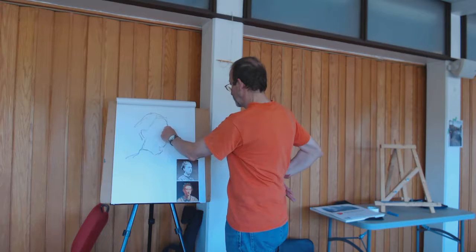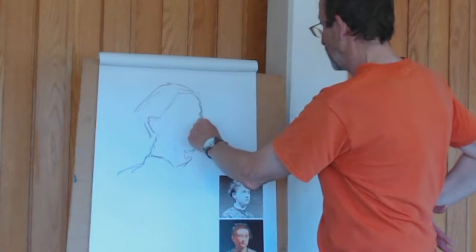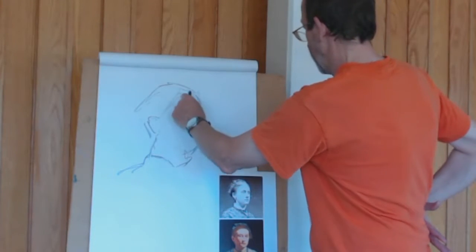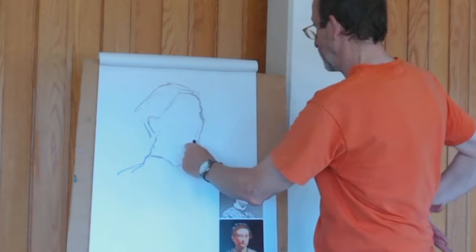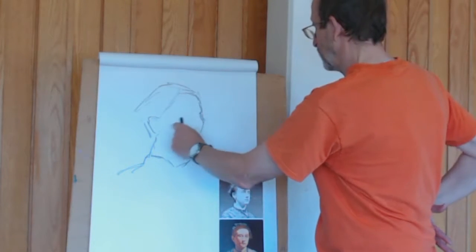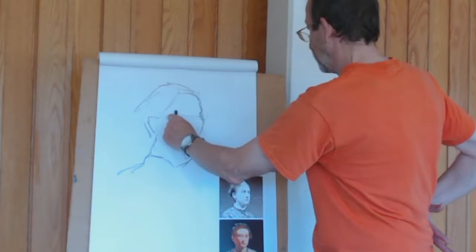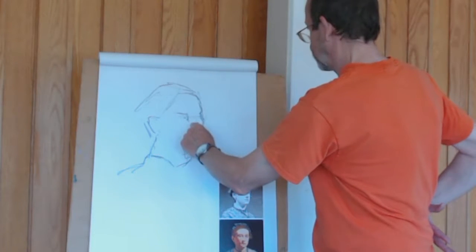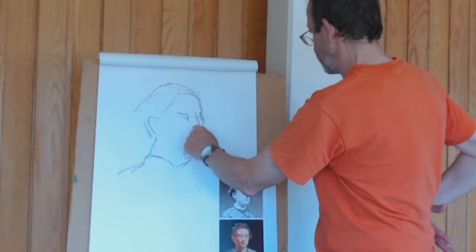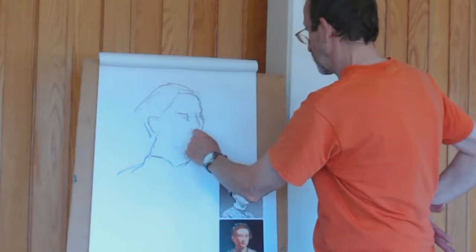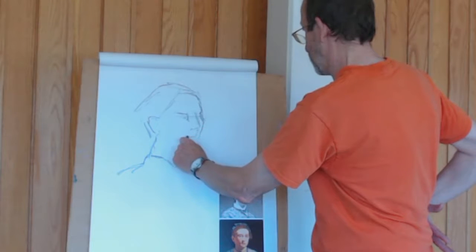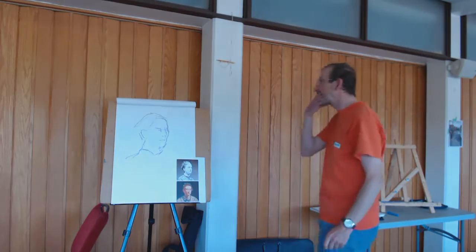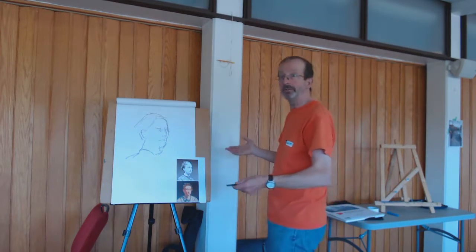But I am looking at the overall shapes, and then once I've done that, I'll look at the eye position predominantly. Should put our nose in, eh? So there she is. I'd be pretty happy with that, actually.